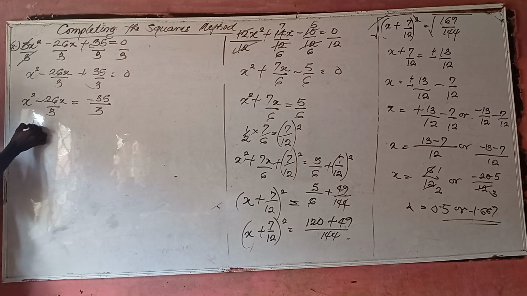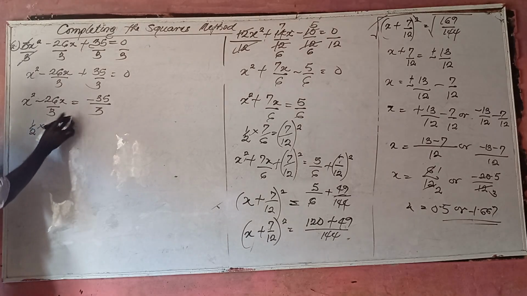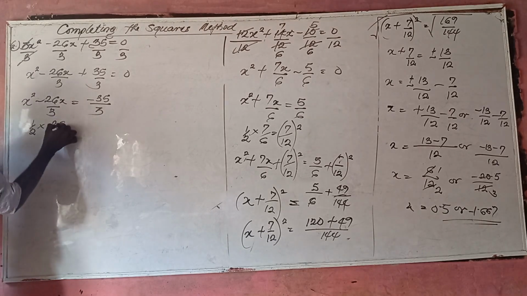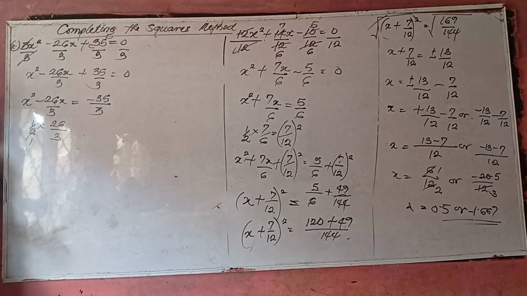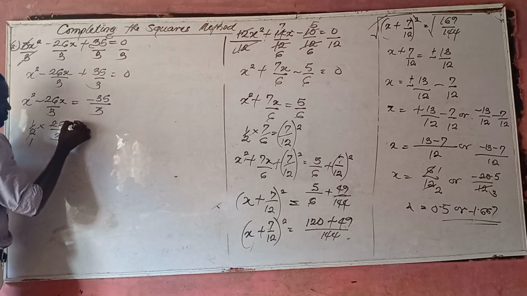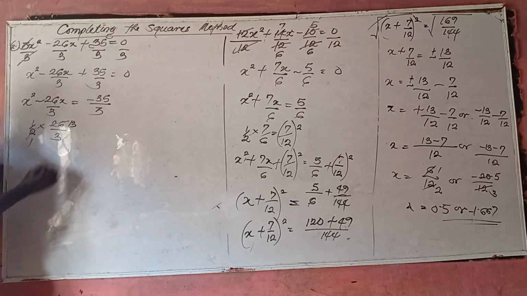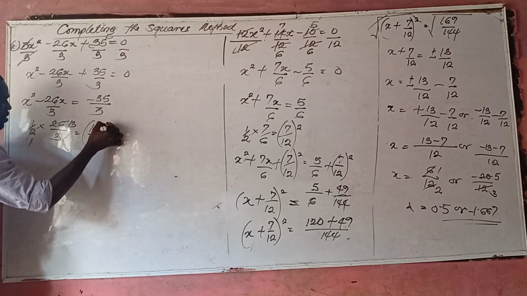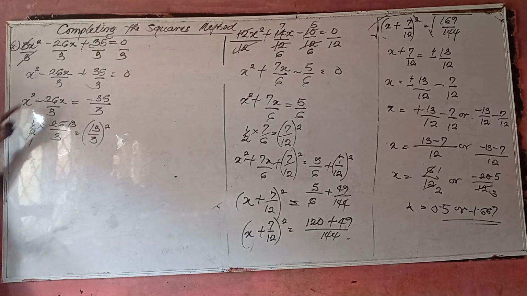The next one, half of 26. You don't take the sign with it, just the number over 3. Half of 26 is 13, so it becomes 13 over 3. All right. Then you add this to both sides.